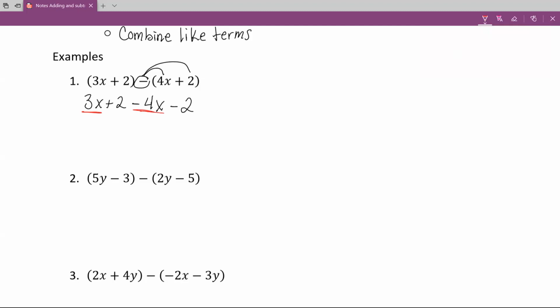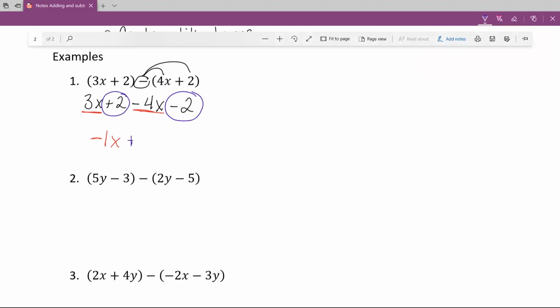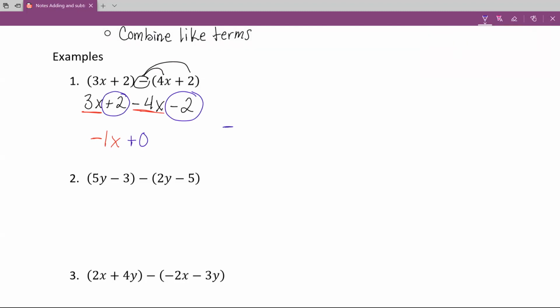I have a 3x and a minus 4x. That leaves me negative 1x. And I have a positive 2 minus a 2. Positive 2 minus 2 leaves me with 0. So my final answer for this one is a negative x, because I don't need the 0 and I don't need the 1 out in front.